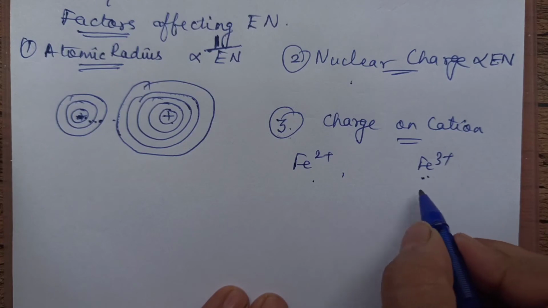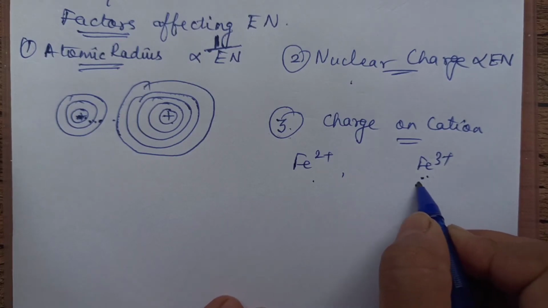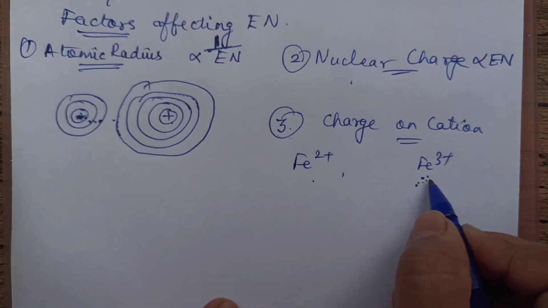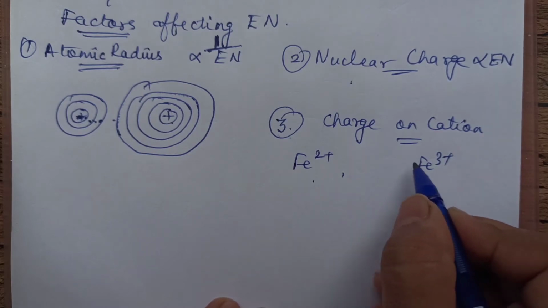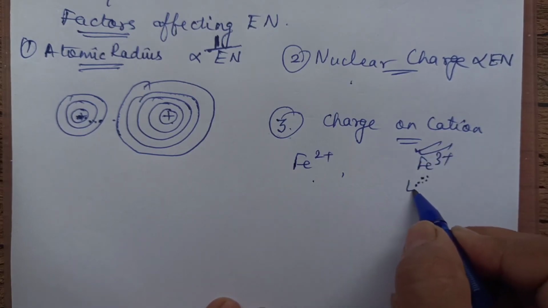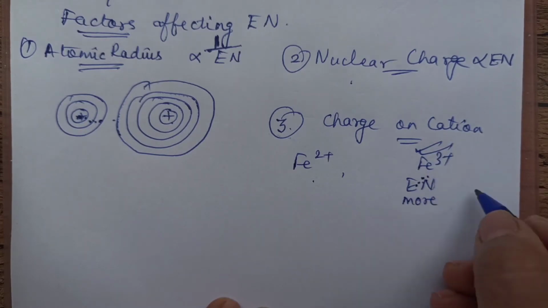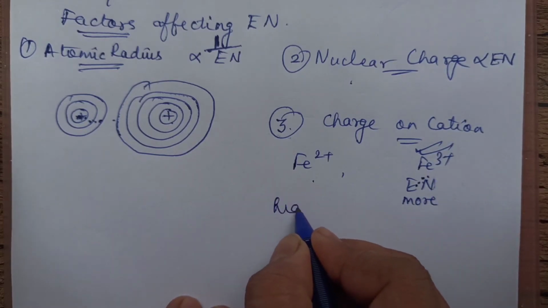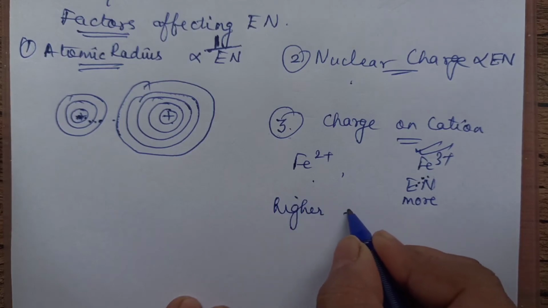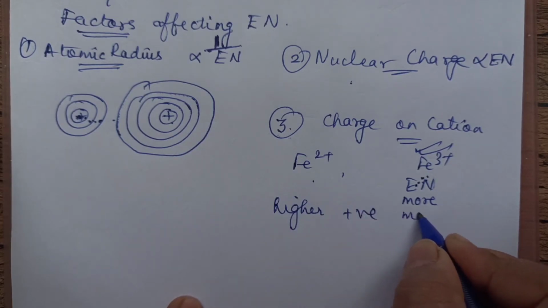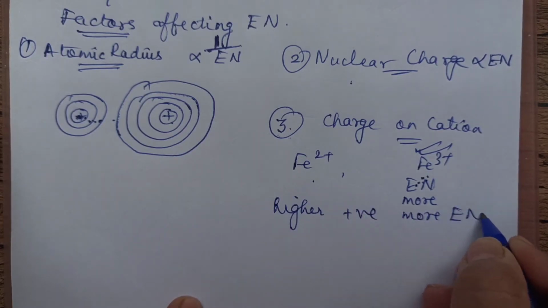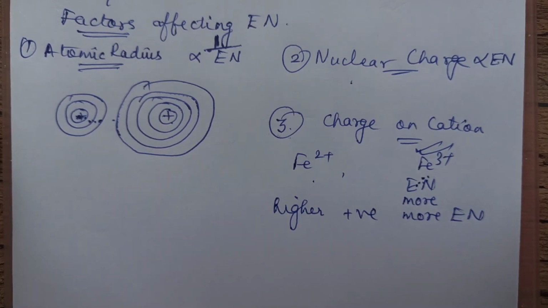More charge means it is smaller in size. Smaller in size means the effect of the nuclear charge is more in this. So this one will have more electronegativity. The first one will have less. We can say, higher the positive charge, more is the electronegativity.